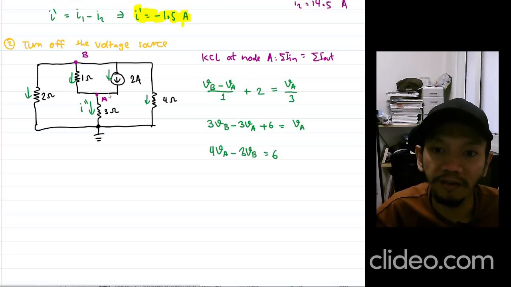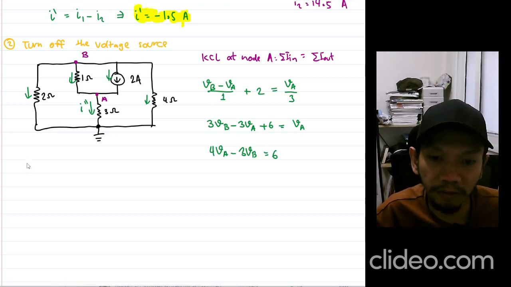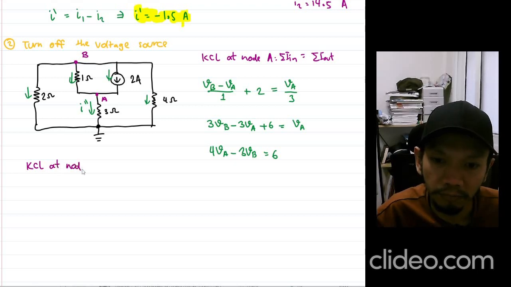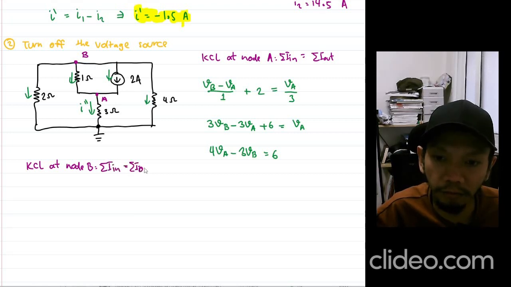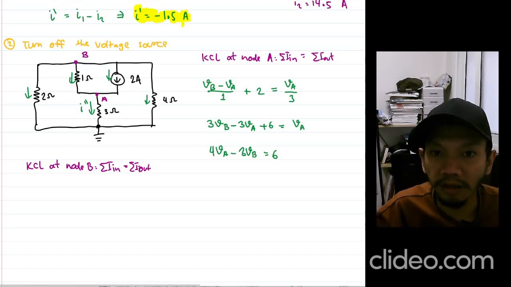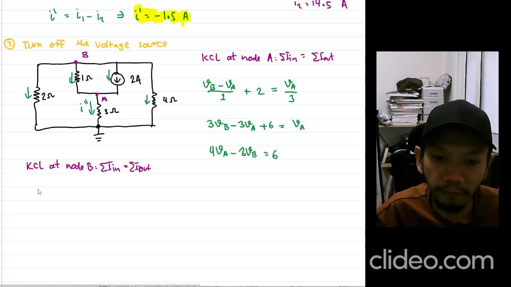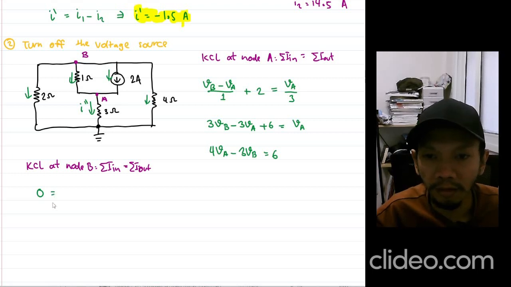Okay, maybe let's analyze the node B first. So KCL at node B. KCL said that the sum of the currents that goes in will equal to the sum of the currents that goes out. There is no current that goes out, so I will plug 0 here.